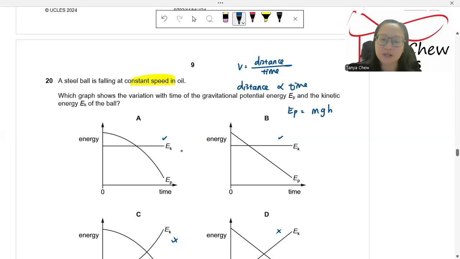So when the time is increasing, the change in the graph, because this is falling through the oil, the change in gravitational potential energy, or the change in distance, is proportional to the time. So the longer the time, the height is decreasing because it is getting closer to the ground. So that is why it is decreasing constantly, linearly. That is why B is the answer.